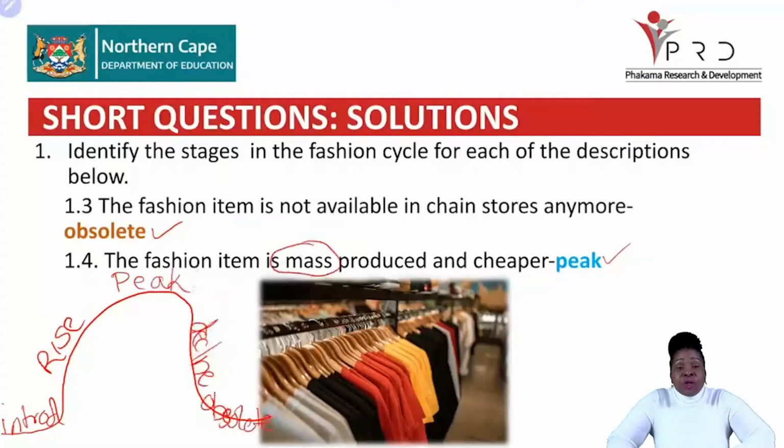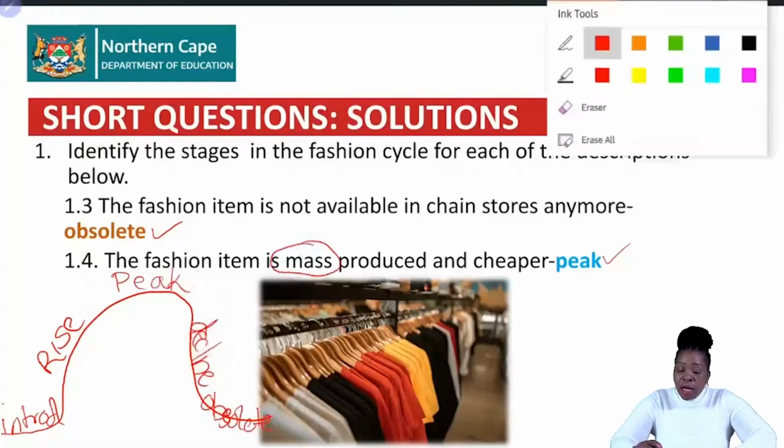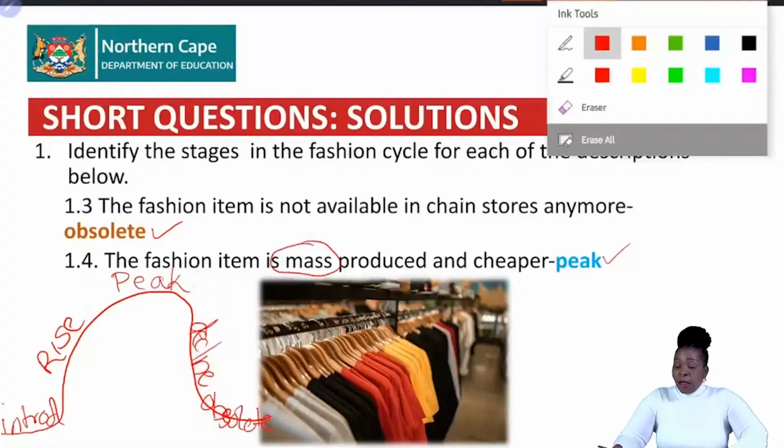Obsolete means the fashion or the item is no longer available. Learners, I've shown you the cycle of an item or the product cycle.